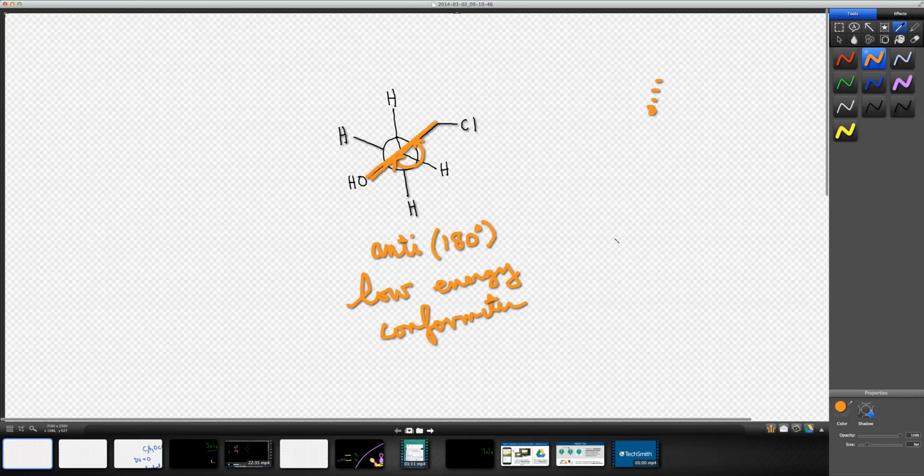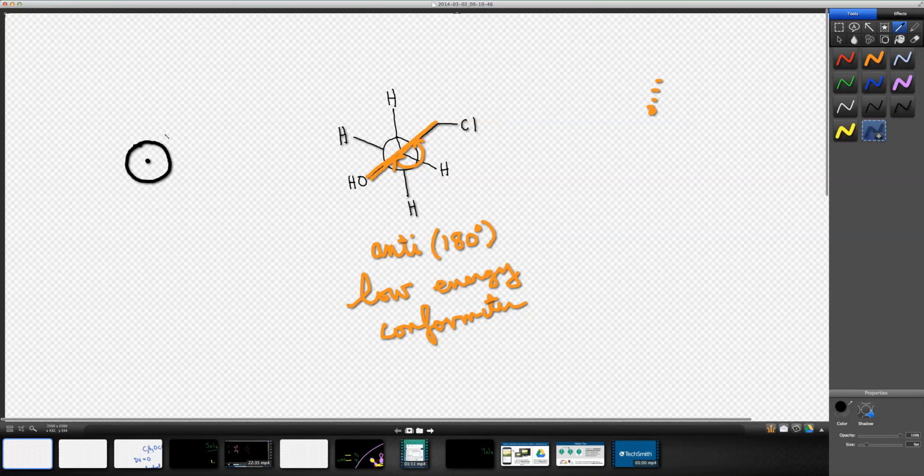We can rotate these bonds around these carbons, and every 60 degrees we will, if the molecule is asymmetric, generate a new conformation. Let me show you the one that's going to be the highest in energy. Again, here's my front carbon.